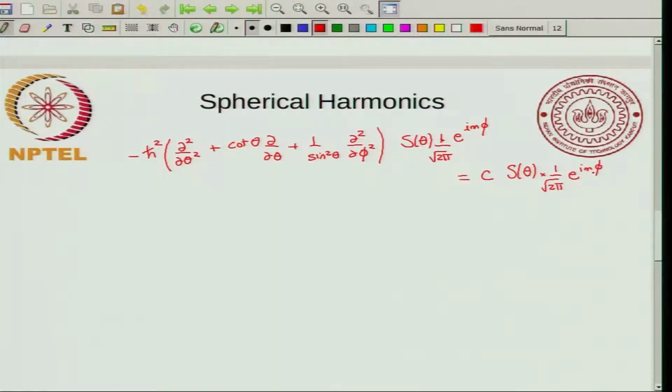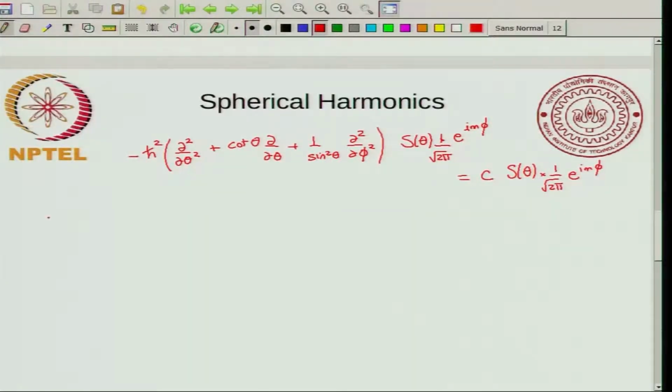When you take this inside, the third term is the only one that has a derivative with respect to phi. The first two terms do not have derivatives with respect to phi, and when you take the second derivative with respect to phi, you will just get minus m square times the same function.